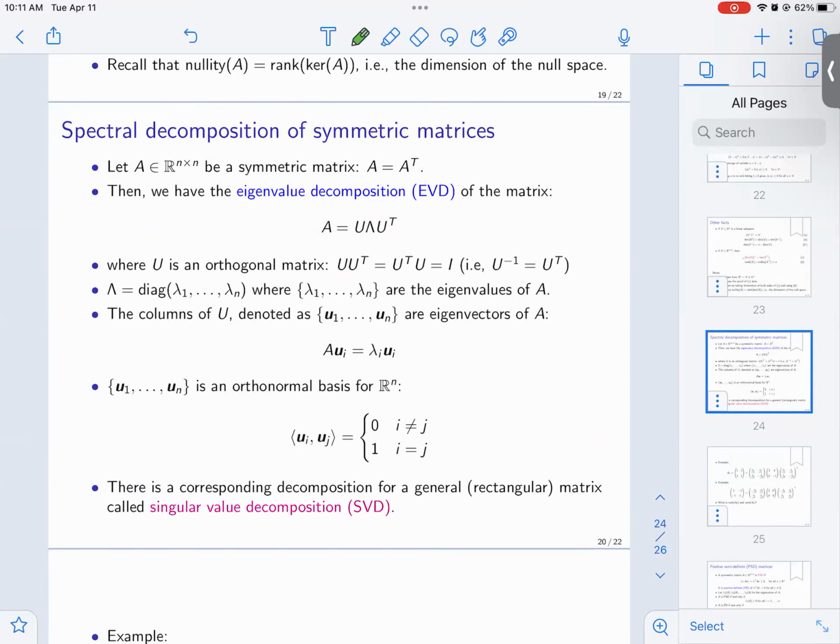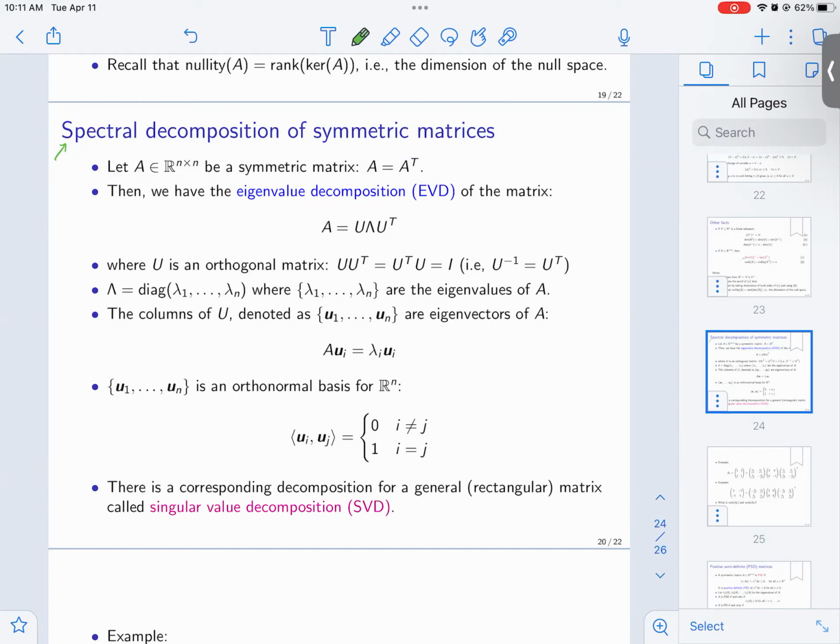So the second to last thing that I want to talk about is some properties of symmetric matrices that are extremely useful. The first one is the spectral decomposition of symmetric matrices. Another way of saying this is the eigenvalue decomposition of symmetric matrices, which I have written as EVD.